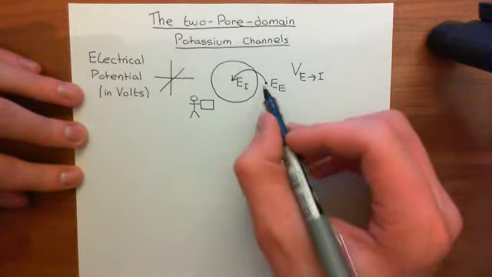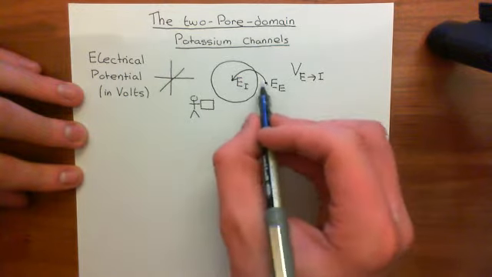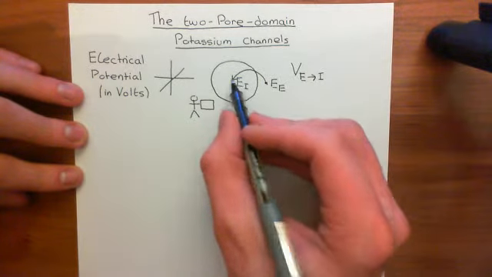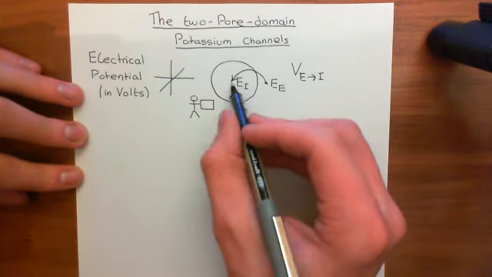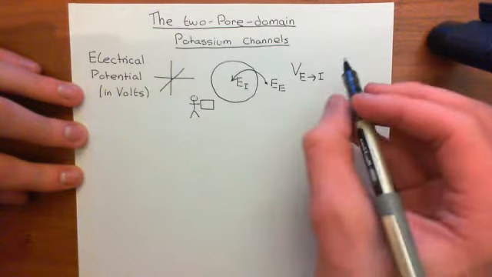So how much does the number on the little man's machine change if he moves from extracellular to intracellular? That is what is meant by the electrical potential difference across the cell membrane from extracellular to intracellular.